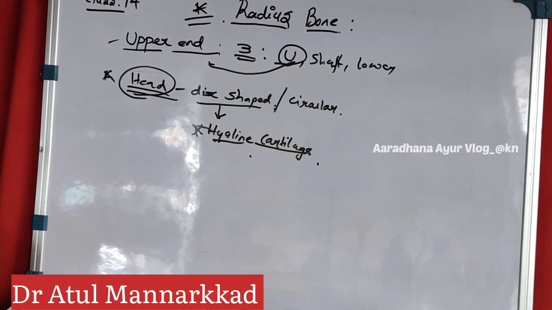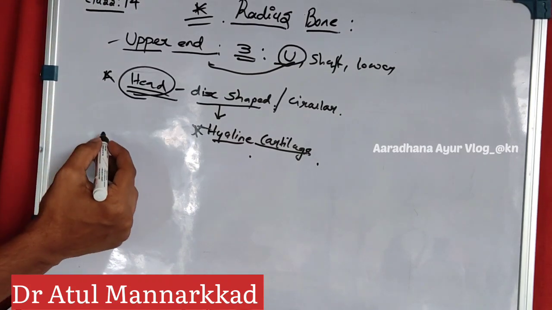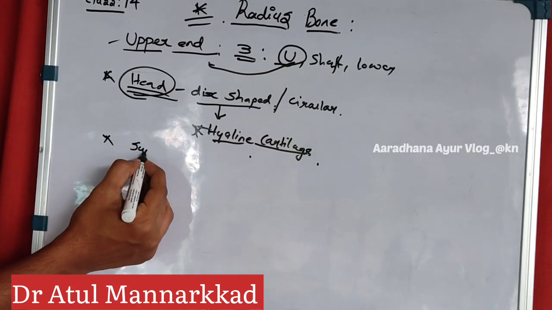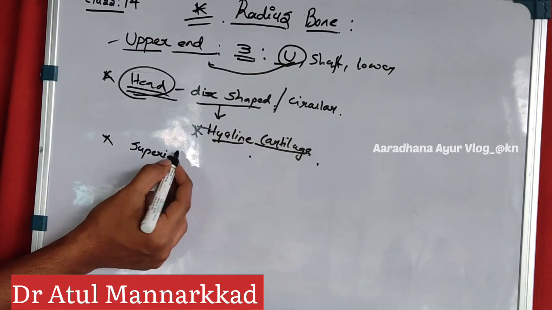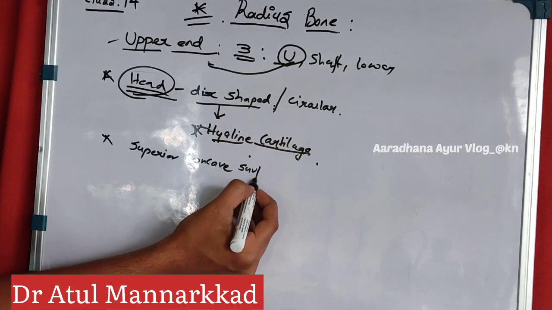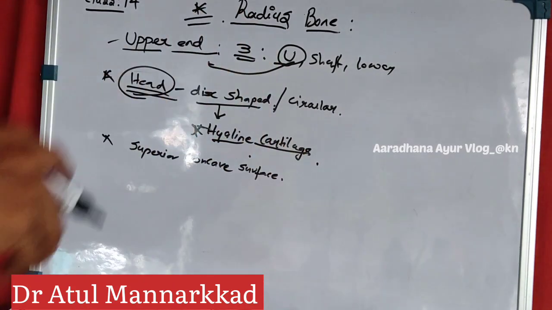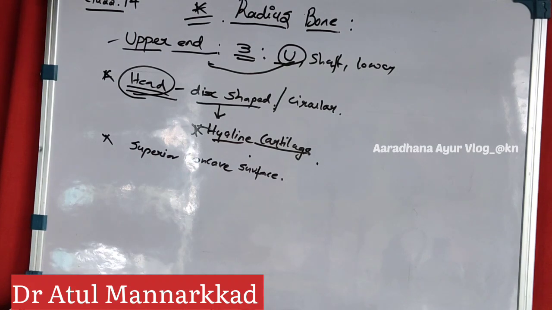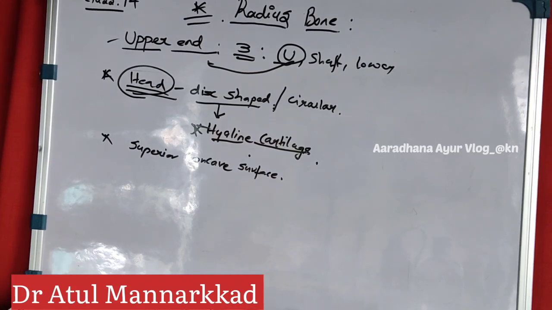It has a superior concave surface. Superiorly it is a concave surface. This superior concave surface articulates with the capitulum of the humerus at the elbow joint.